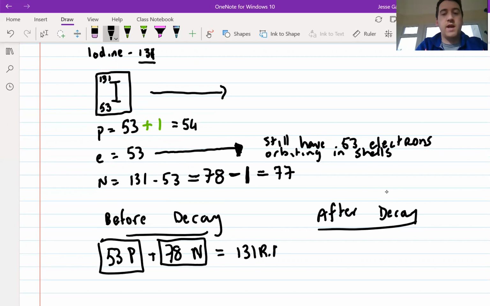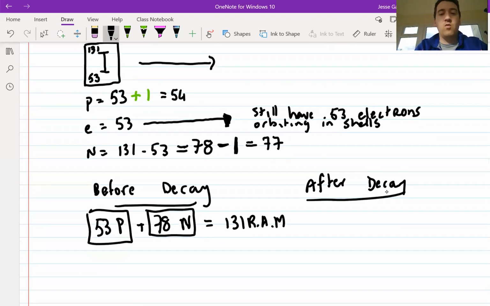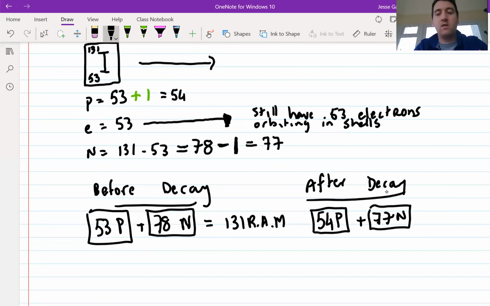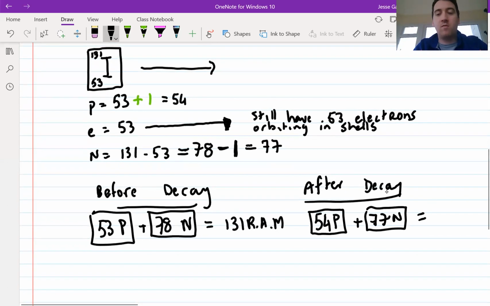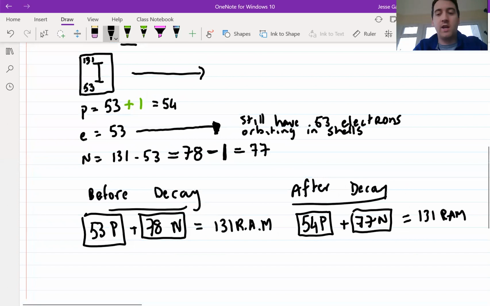After the decay, we now have 54 protons, an extra proton, but we have one less neutron, 77 neutrons. Altogether, that gives us the same relative atomic mass. 131 is the relative atomic mass. So the mass doesn't change either.